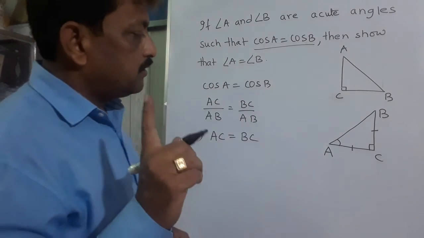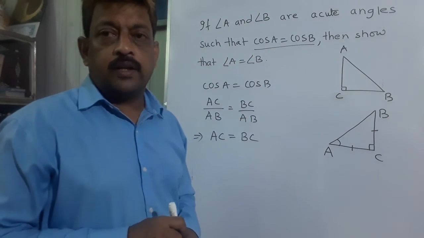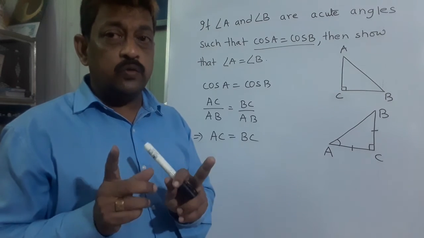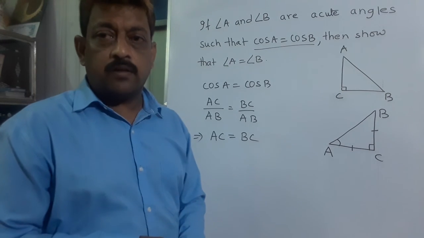Now we have learned a theorem in class 9 that if two sides of a triangle are equal, then their opposite angles are also equal.